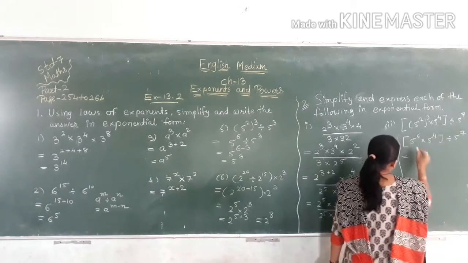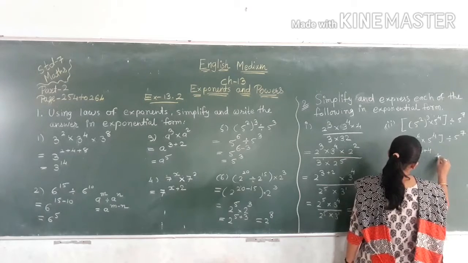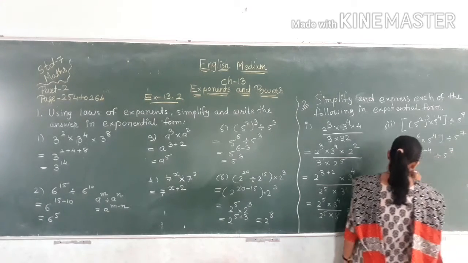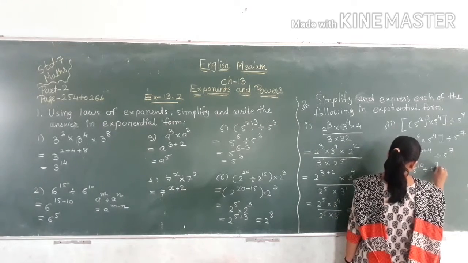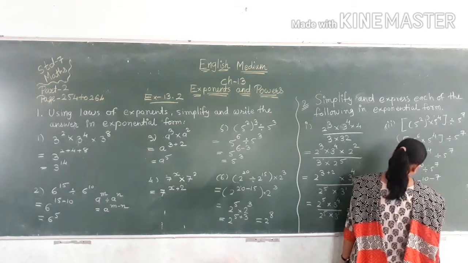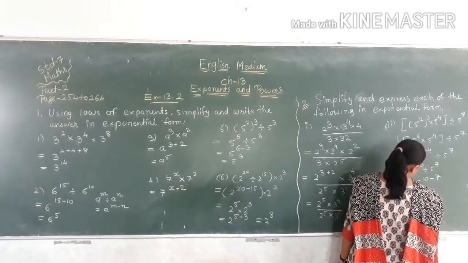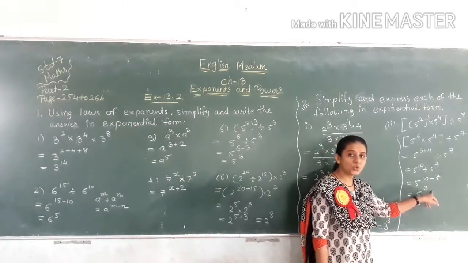So 5 raised to 6 plus 4, divided by 5 raised to 7. So 5 raised to 10 divided by 5 raised to 7. Now 5 raised to 10 minus 7 is equal to 5 raised to 3. The last answer is 5 raised to 3.